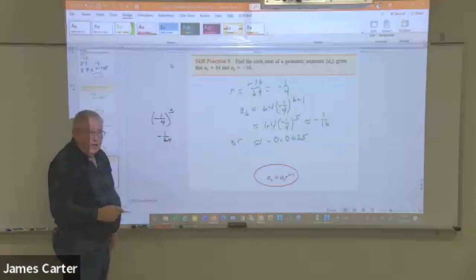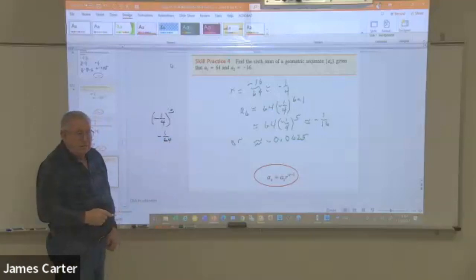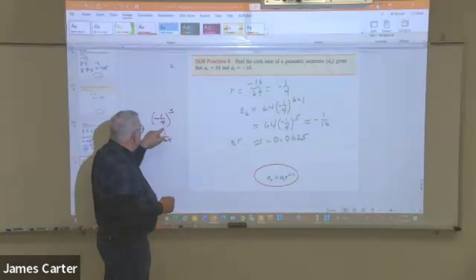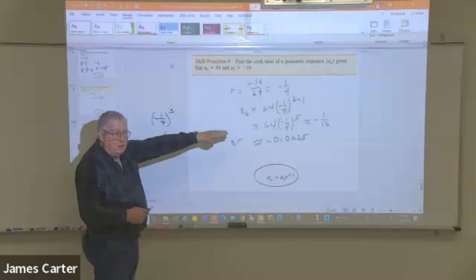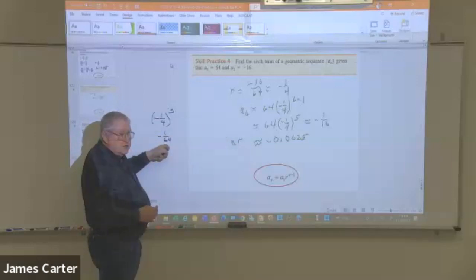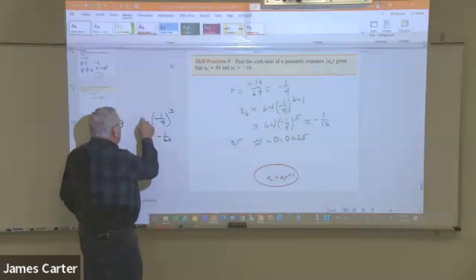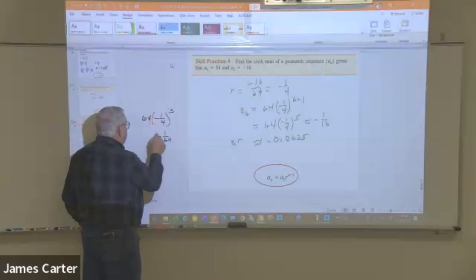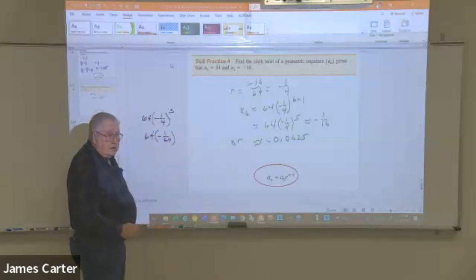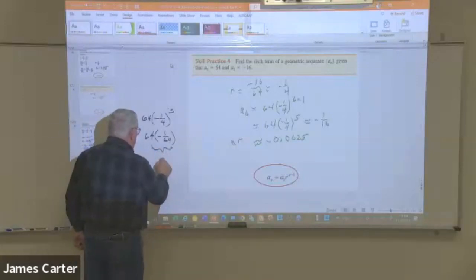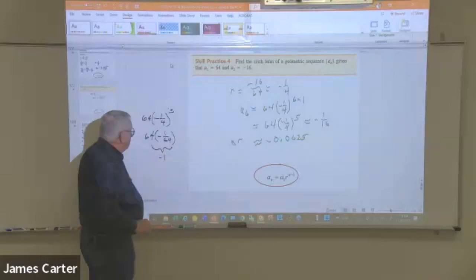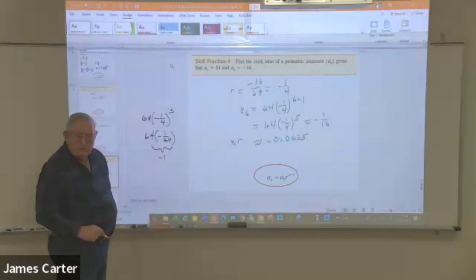Do you agree with that? If I took just negative 1/4, forget that over there for the moment, I would get this. Okay, I've got this 64 out front. Those two together equal negative 1. Agreed?